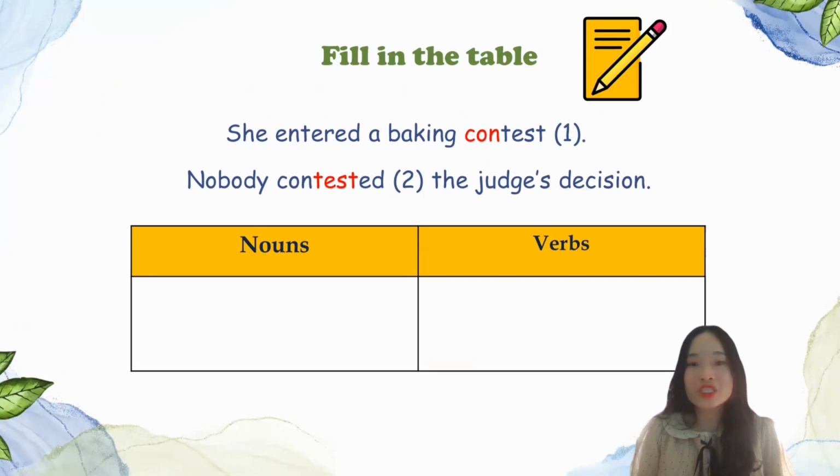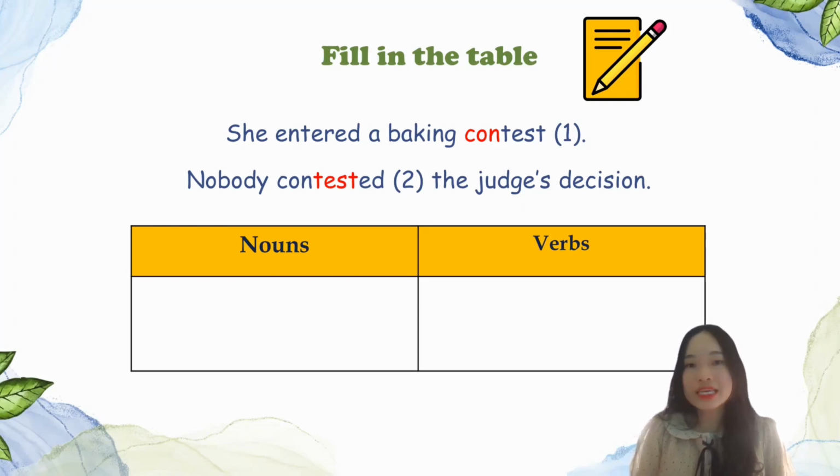Now we talk about the two sentences. She entered a baking contest and nobody contested the judge's decision. Did you notice that in the two sentences, there are two words that have the same spelling? Yes, they are contest and contest. Okay, class. So now you need to put the two words in the two columns and decide which word is a noun and which word belongs to verb.